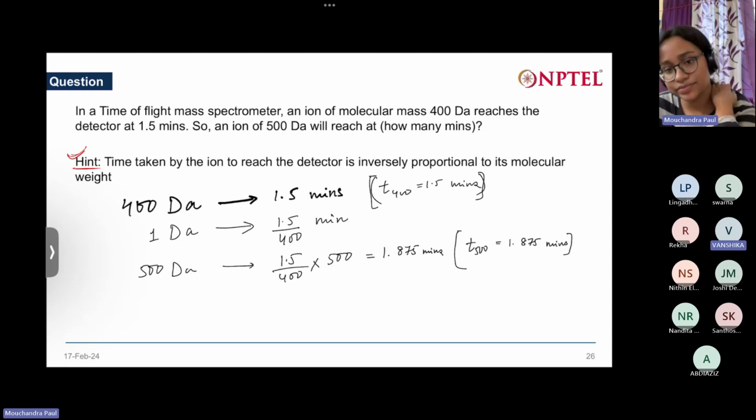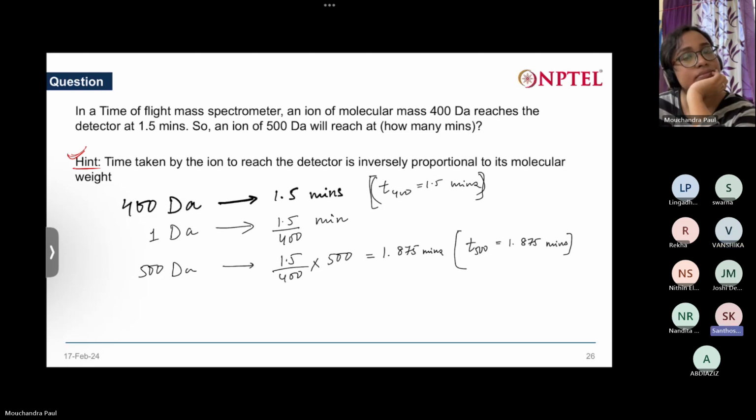Yes, correct. So it is directly proportional and not inversely, right? Yes, that seems correct. Okay, so this hint that is written here is not correct.